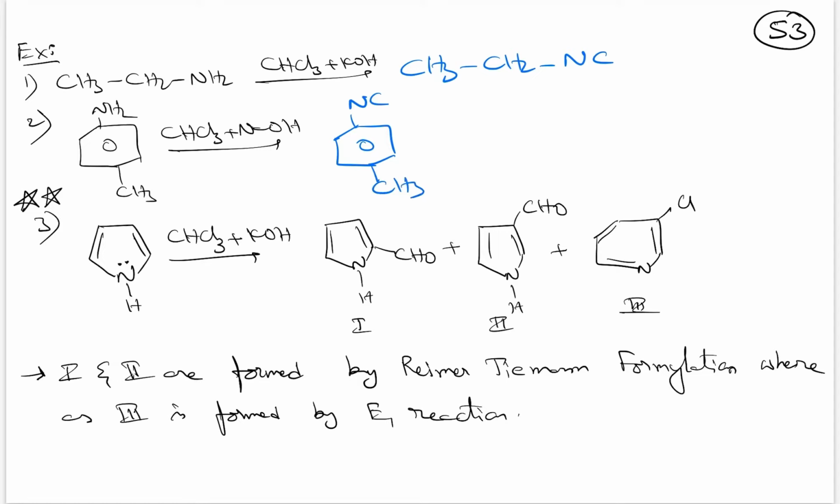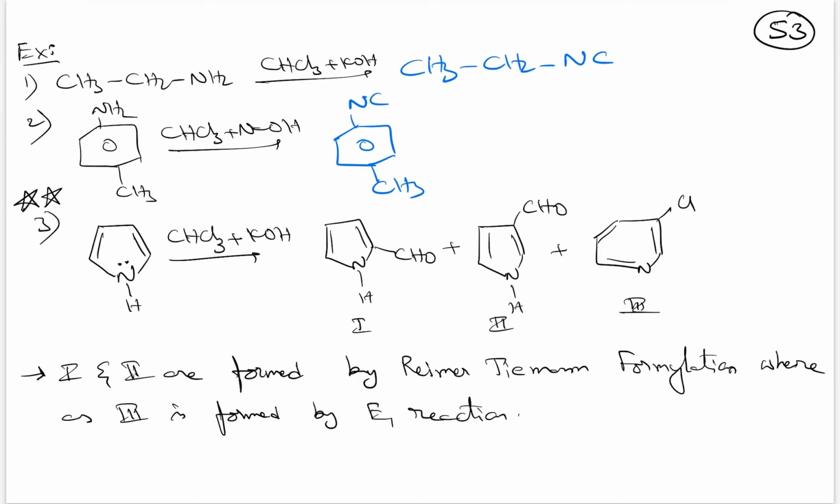And here you see, what is this compound? This is pyrrole. Pyrrole on reaction with chloroform plus KOH gives these compounds, which are formed by a Reimer-Tiemann formylation reaction. It is a very different reaction, going in a different manner.